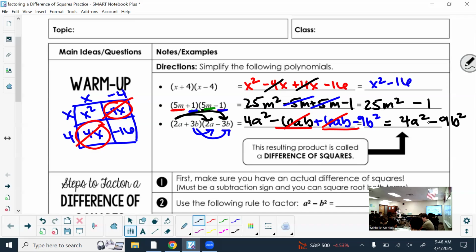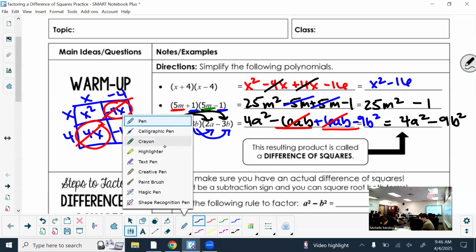So our answers for each of these are what we call a difference of squares. If you see a 2-term expression where there's subtraction in between and perfect squares on each side, like x squared, the square root is x; 16, the square root is 4; 25m squared, the square root is 5m, and so on, that's the difference of squares.